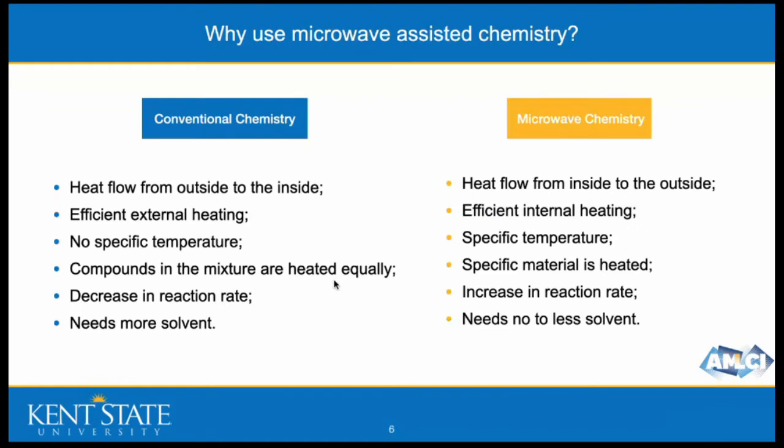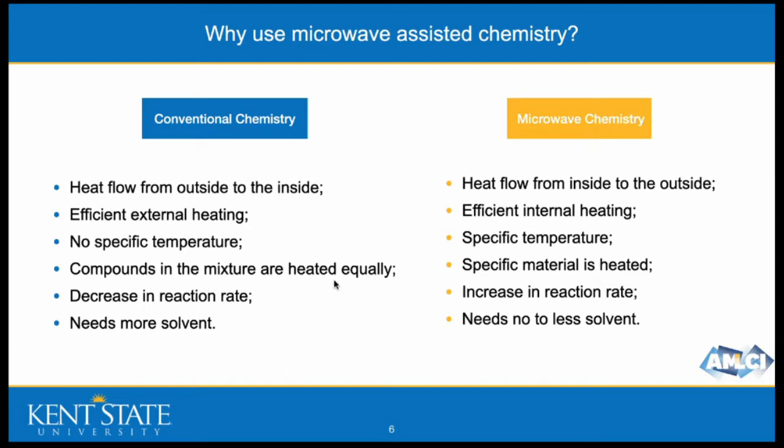So why use microwave-assisted chemistry? When you use conventional chemistry with a hot plate, the heat flow is from the outside to the inside. The efficiency of heating is not that high, and it's only efficient at external heating. And there's no specific temperature. What dictates the temperature that your molecules or reagents experience depends on the solvent that you're using, on the boiling point of that solvent.